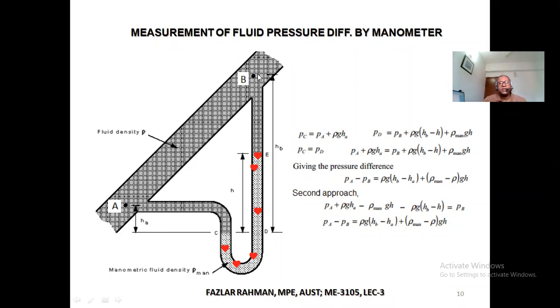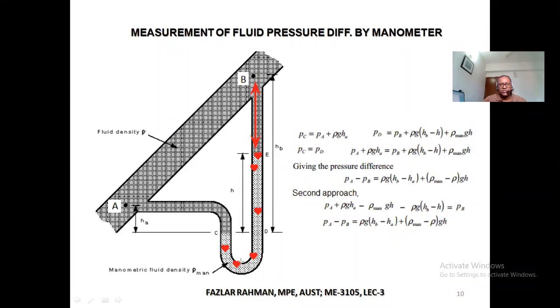So easily you can figure out this height from B to point D, right? HB minus H. Now, you have two options. You see points C and D are in the same fluid and the same vertical plane, right?